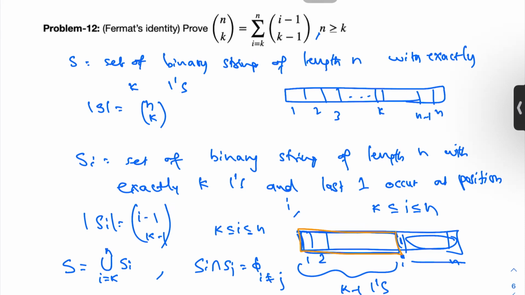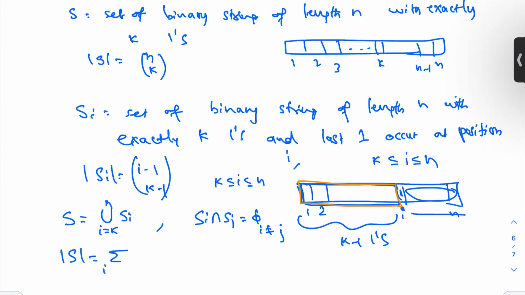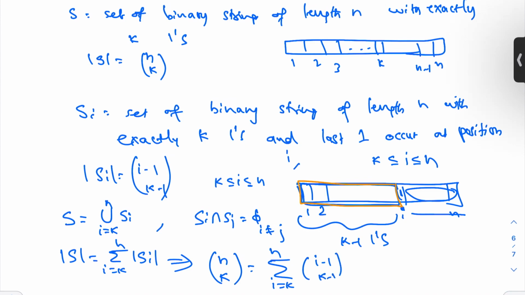That means Sk through Sn form a partition of S. So the number of elements in S is the summation, i equal to k to n, of the number of elements in Si. The left hand side, the number of elements in S, we already know is n choose k. The right hand side is the summation of the number of elements in Si, which we just realized is i minus 1 choose k minus 1. So this is Fermat's identity.